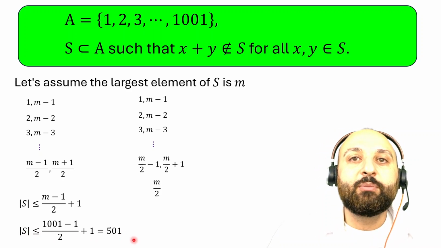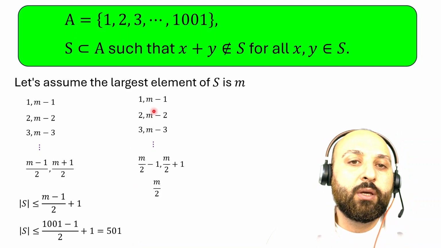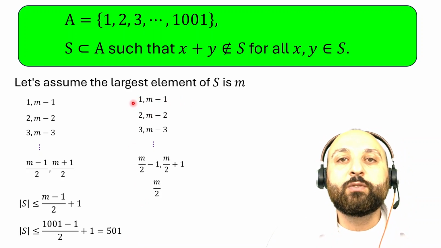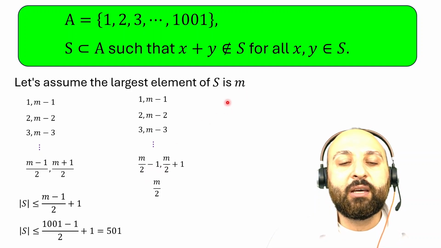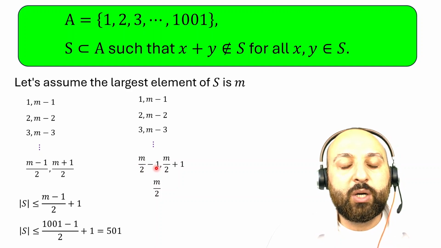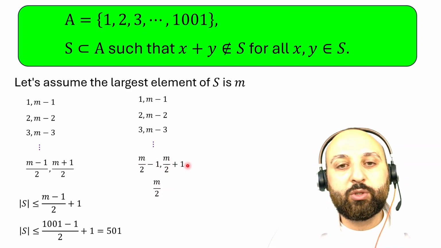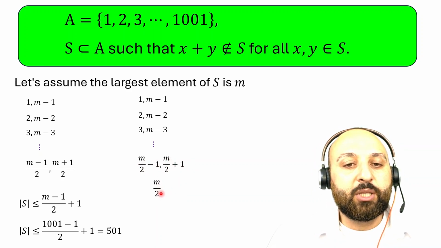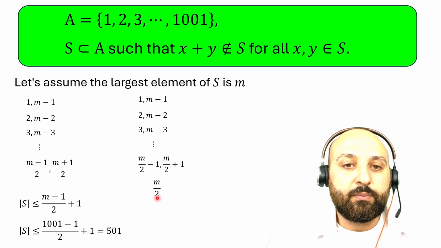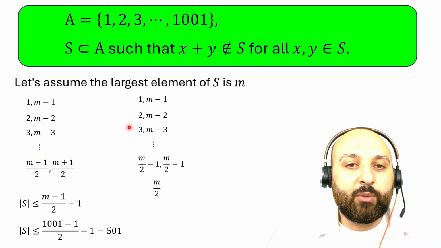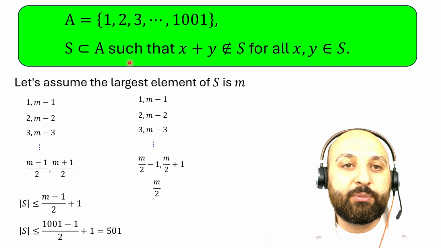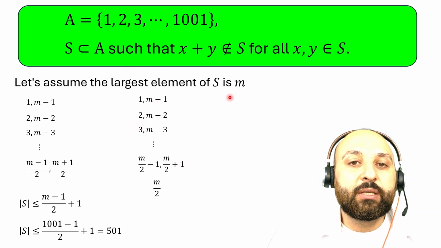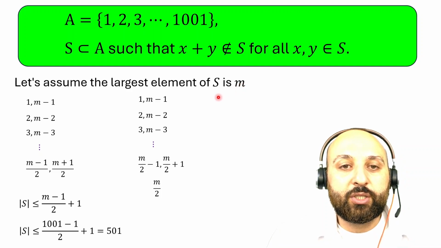Now let's see what happens if M is an even number. Same way, we categorize: 1 and M minus 1, 2 and M minus 2, and so on. We reach around the middle point, M divided by 2 minus 1 and M divided by 2 plus 1, and then at the middle point, M divided by 2. Again, from all of these groups of 2, we can only select one of them, because otherwise we add them together, the value becomes M, which is a contradiction.